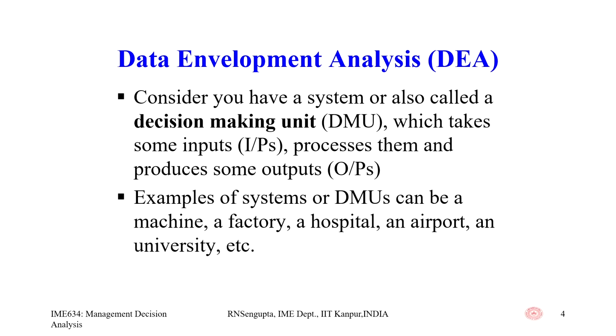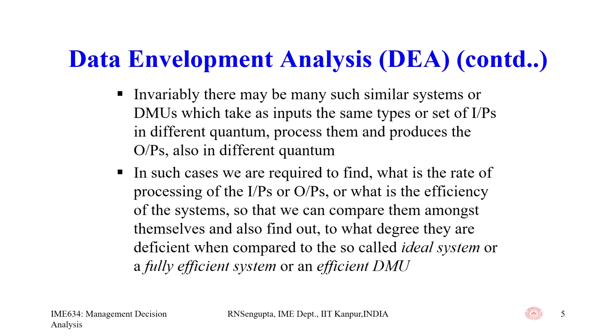Examples of systems or DMUs can be a machine, a factory, a hospital, an airport and a university. One example, the university, I have just mentioned, and for factories, consider all the different small car manufacturing companies I mentioned: Tata, Mahindra, Hyundai, Honda, Volkswagen and all this list.